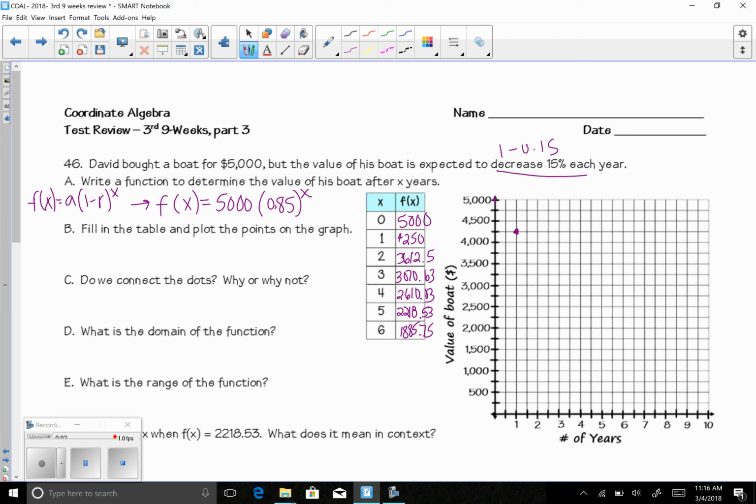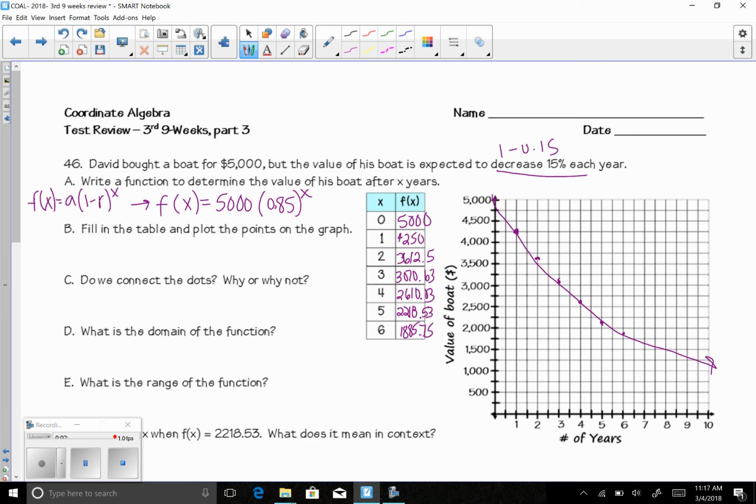That's going to be just a little bit above 3,500. 3, 3,070; 4, 2,610; 5, 2,218; 6, 1,885. Okay, so this is going to kind of start to curve this way.